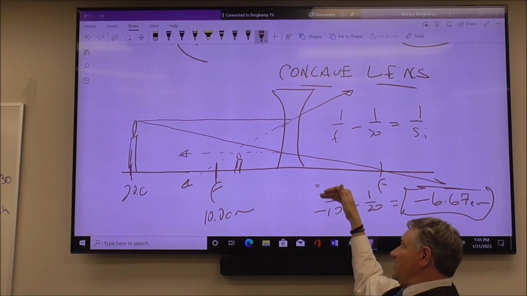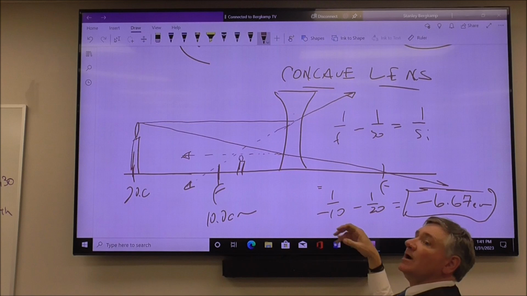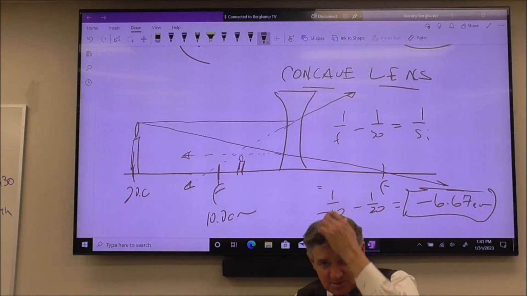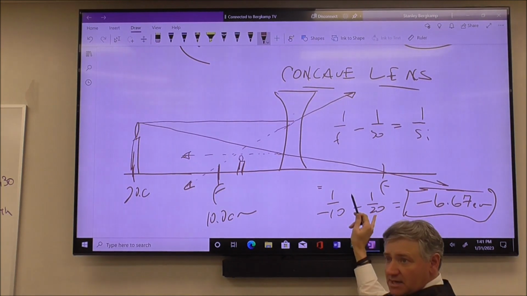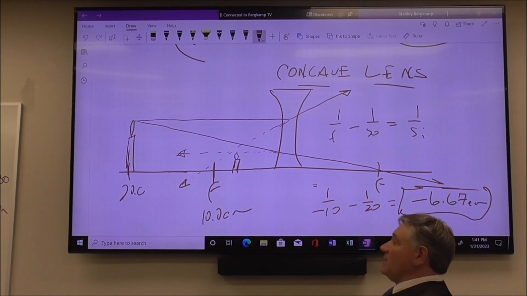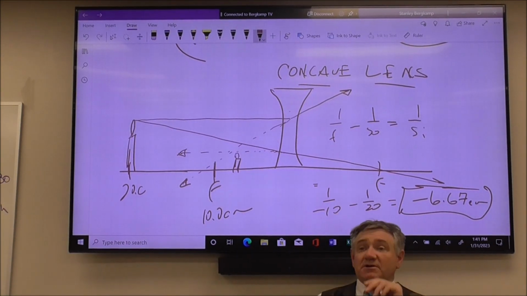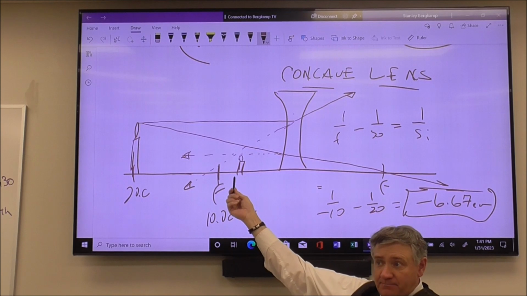So it's the inverse of negative 10 minus 1 over 20. Remember, your object distance is always a positive value. This is never going to be negative. So when you do this, you get negative 6.67 centimeters, which should match with this diagram.